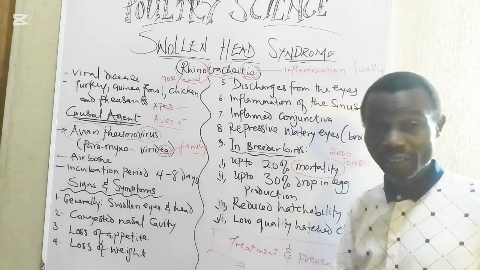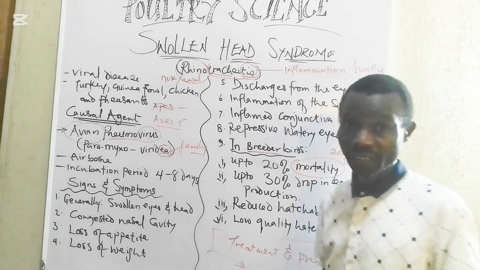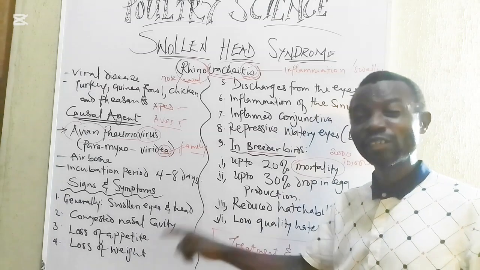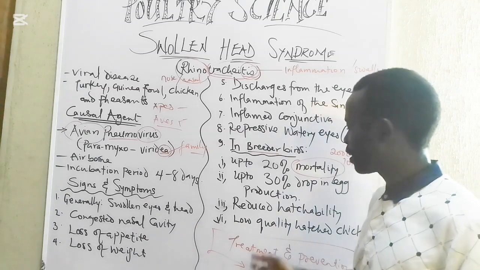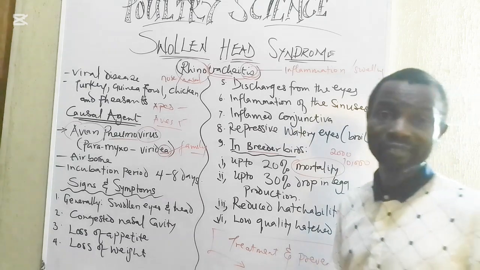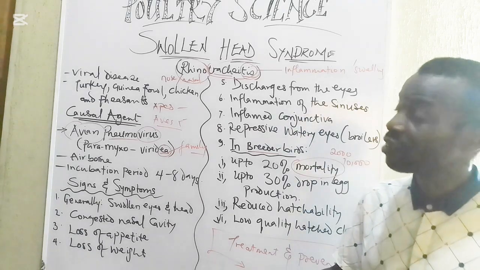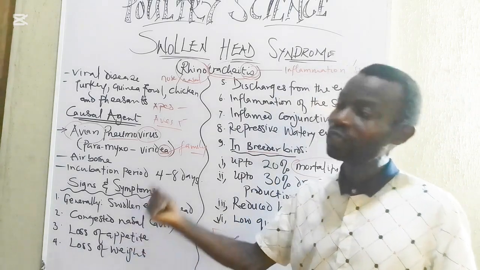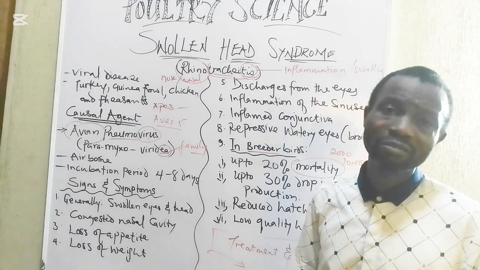Even the few eggs that are produced are of low quality in terms of hatchability. And even the few that get to hatch, the chicks that come out from them are of low quality too. They are somewhat sick because the virus itself has found its way into the eggs, from the eggs into the chicks, and the chicks are not likely to survive.